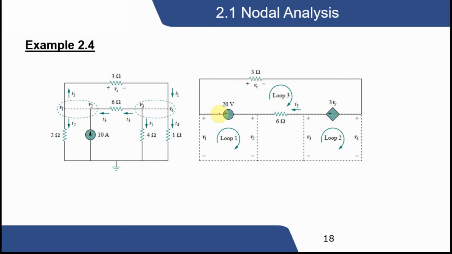Okay, 3Vx, and we have the loops here: minus 20V, goes up plus 3Vx, again minus Vx plus Vx minus 3Vx.